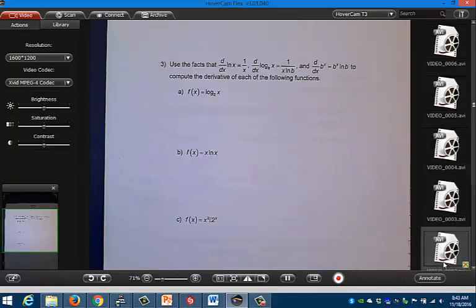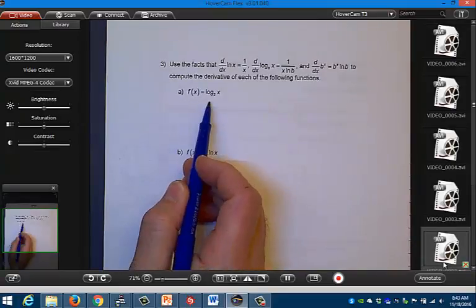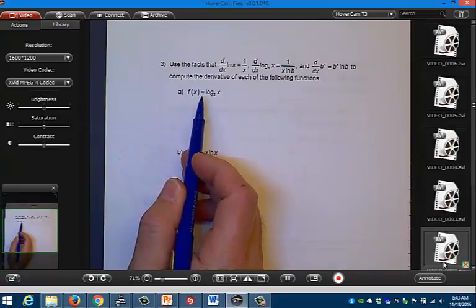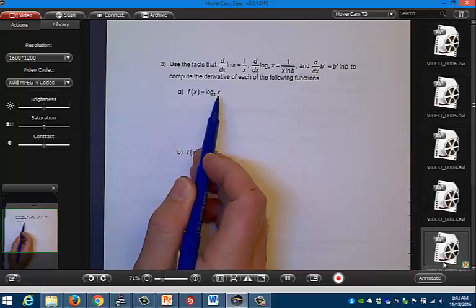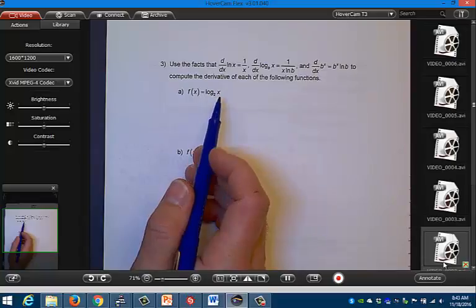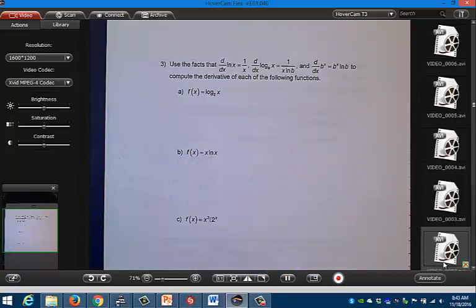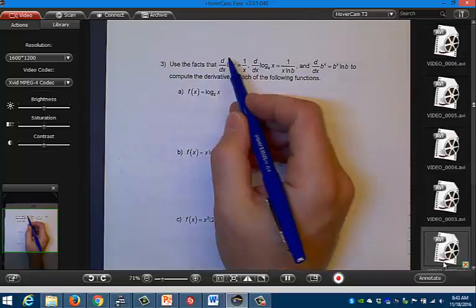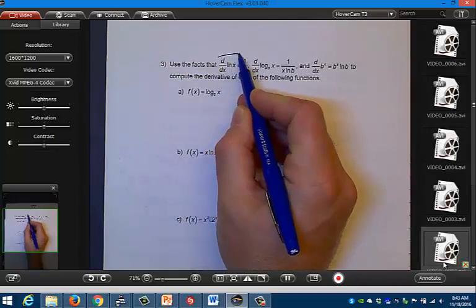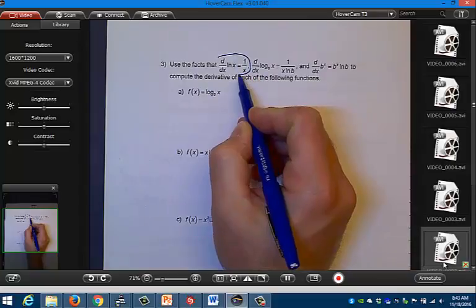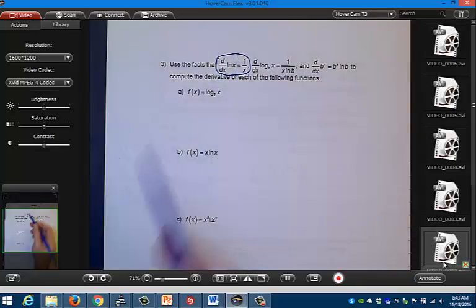All right, so I want to take the derivative of this, the log base 2 of x. We've never done this yet. The only logarithm we've taken the derivative of so far is which log? The natural log. You guys know this formula? The derivative of natural log is 1 over x. I think you know that formula.